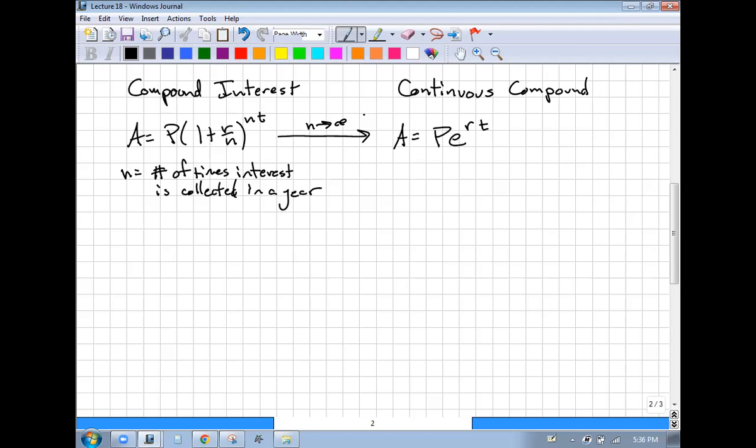N disappears. You're dividing by n, so this gets smaller and smaller, but you're raising it to a higher and higher power. Take a number that's getting small, small, small, raise it to a higher, higher power. Eventually it balances out and you just end up with the number e. So these are the two kinds of compounding of interest you can have: a number of times or an infinite number of times. These are your two formulas.